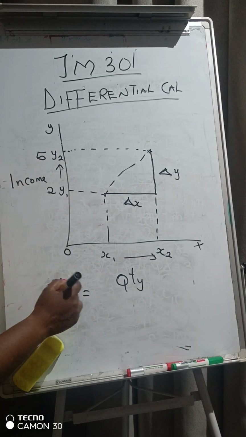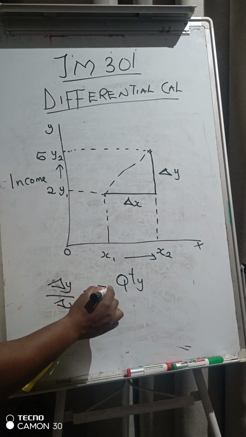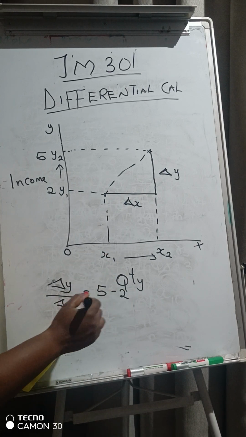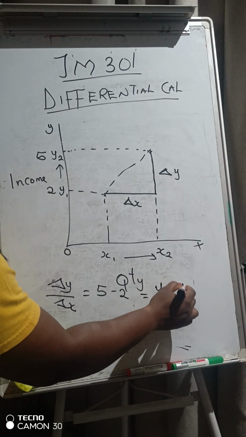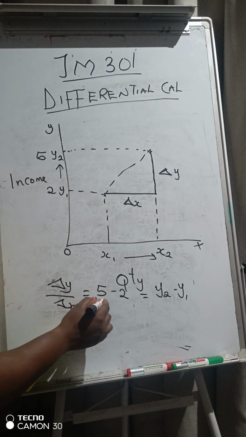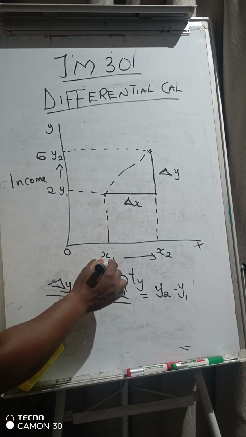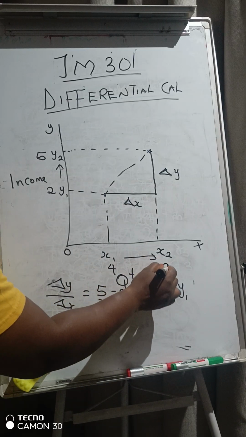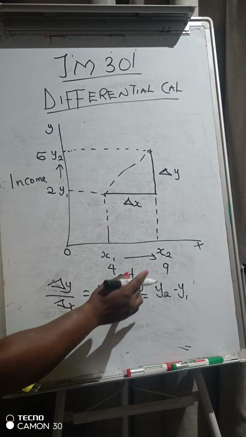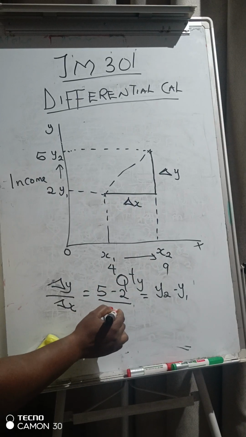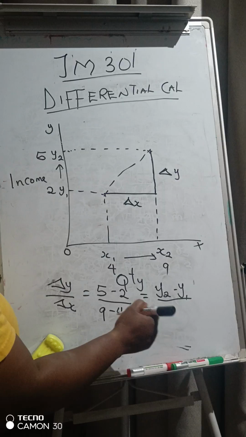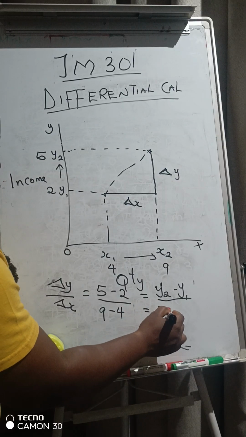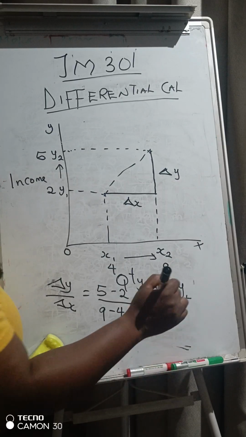The change in y means 5 minus 2, and we should represent it as y2 minus y1. And assume initially this was 4 and this is 9. Then remember, it is always the highest minus the lowest. So we're going to have a change of x2 minus x1.